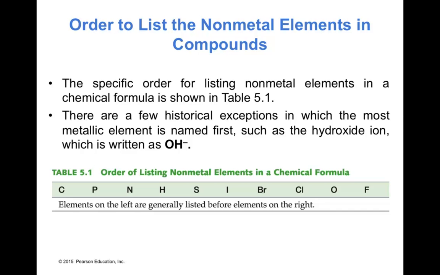You would expect to write first the most nonmetal and then the most metal-like, because hydrogen has more metal-like properties than oxygen. But when it's an ion, a polyatomic ion, hydroxide, we're going to write first the oxygen and then the hydrogen. This is a specific exception to the rule that we have seen in the last few slides.